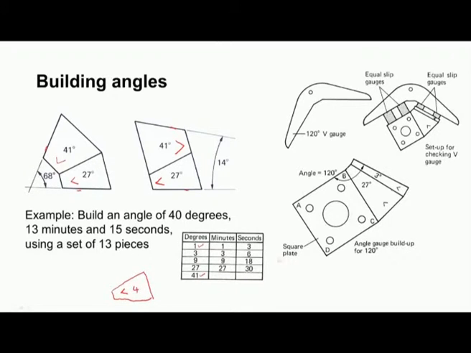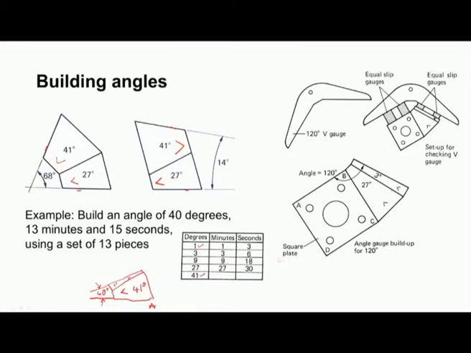So, this is 41 degree and then we have to subtract 1 degree from this. So, this is 1 degree. So, totally this angle becomes 40 degrees. So, this is a combination A.